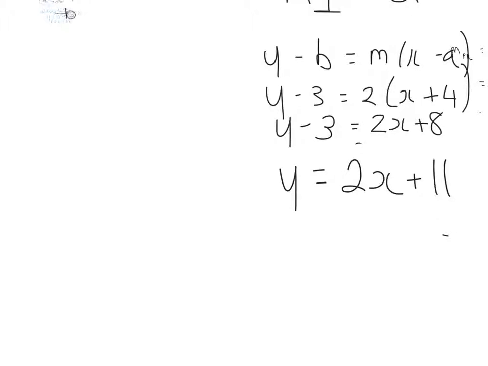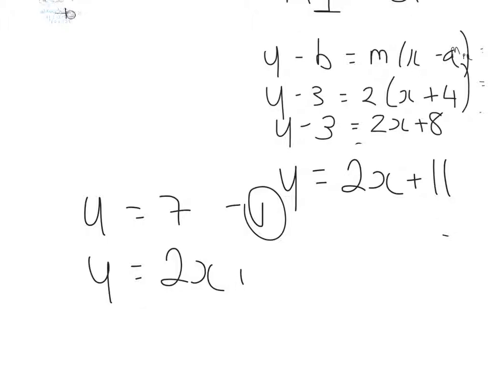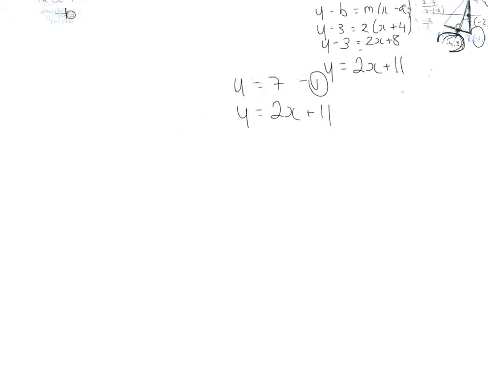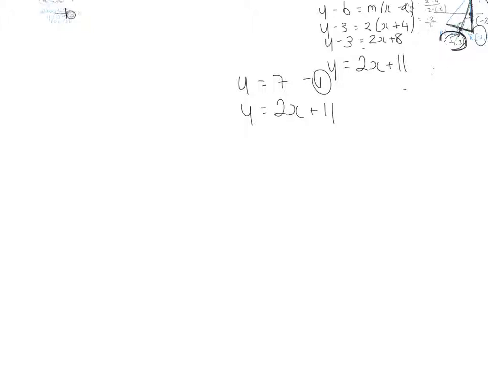Part C then says find the point of intersection of both lines, both perpendicular bisectors. So equation 1 was y equals 7, equation 2 was y equals 2x plus 11. So at this point I can make y equal to y, and that will give me 7 equals 2x plus 11.